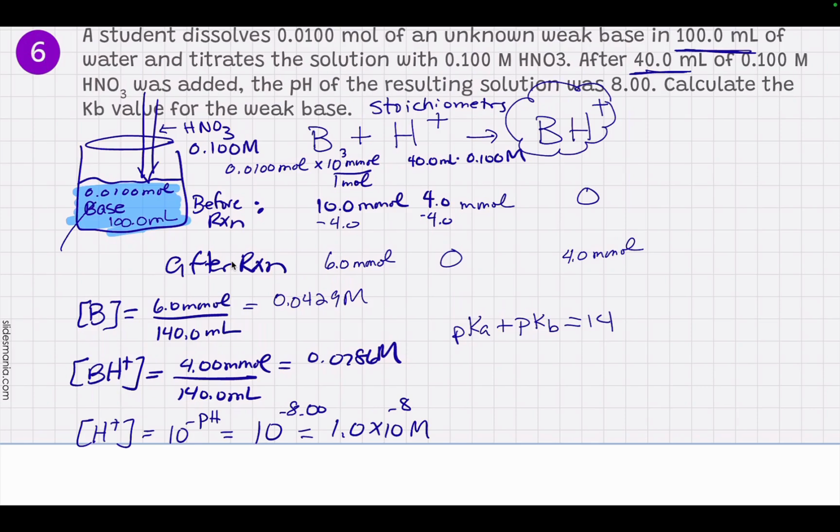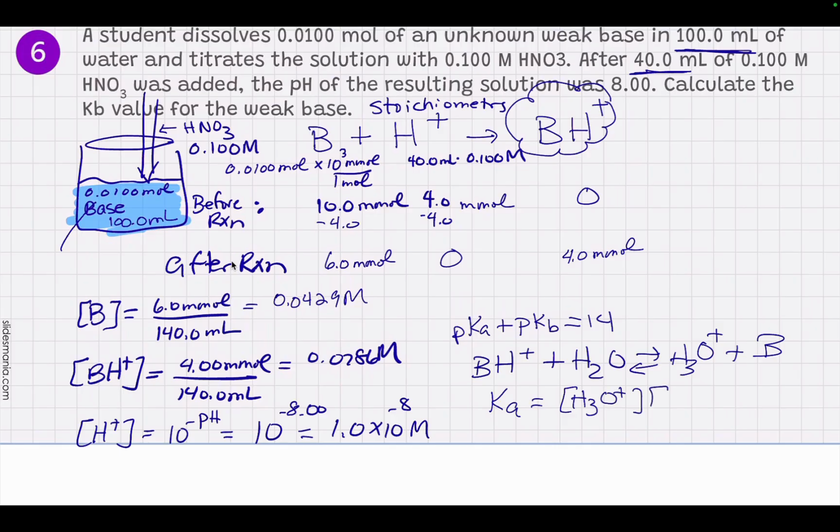And I can write out the equilibrium: the weak conjugate acid is going to react with water and form hydronium plus the base. My Ka expression would be hydronium times the molarity of the base over the molarity of the weak acid.